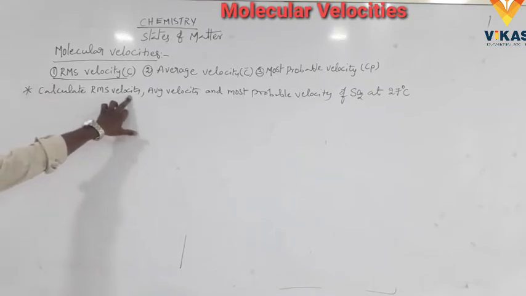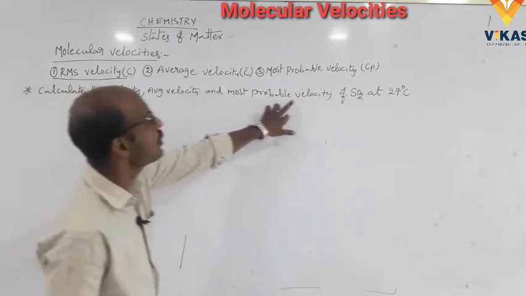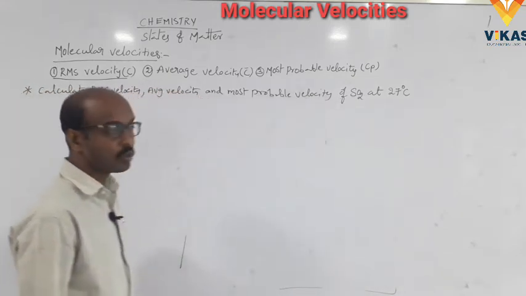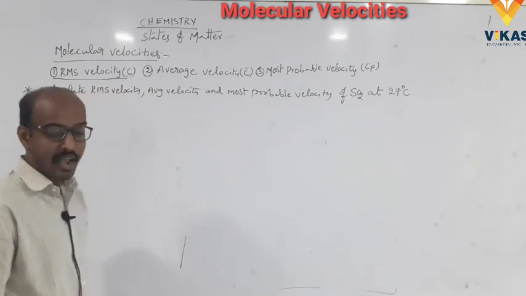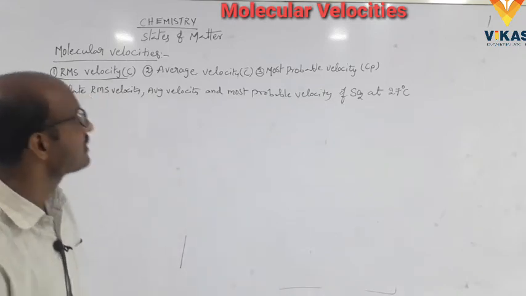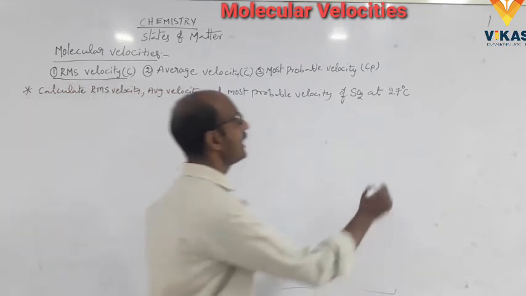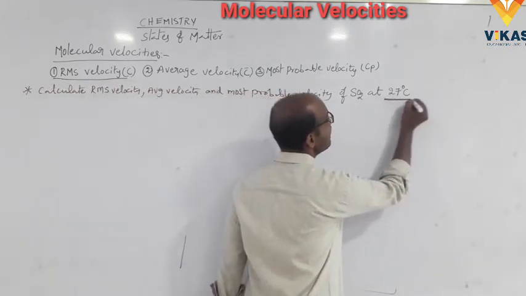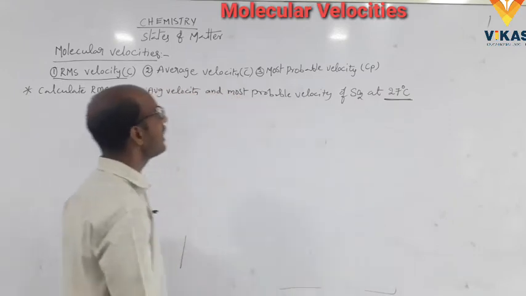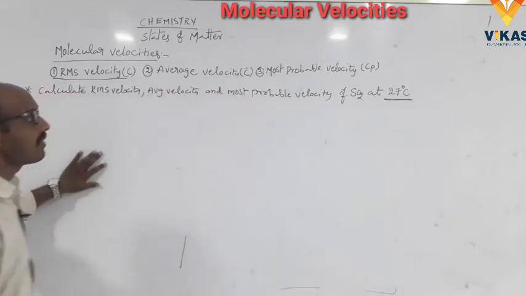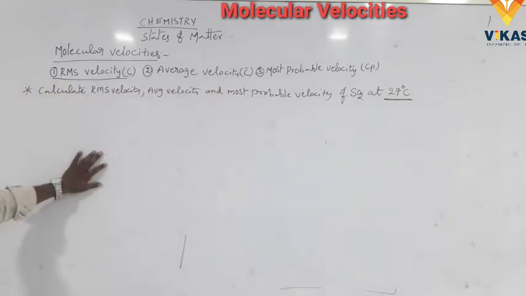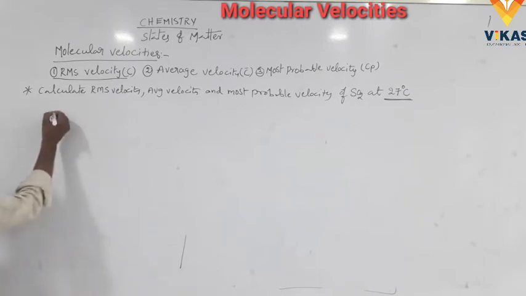Calculate RMS velocity, average velocity and most probable velocities of SO2 at 27 degrees centigrade. We are asked to find the RMS, average and most probable velocities of SO2 at the given temperature of 27 degrees centigrade.